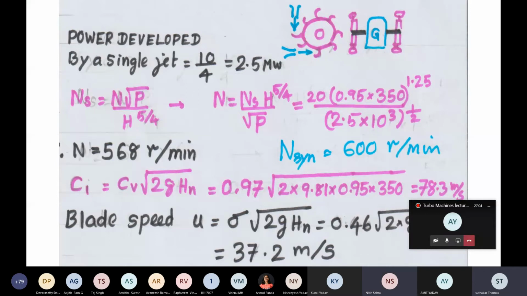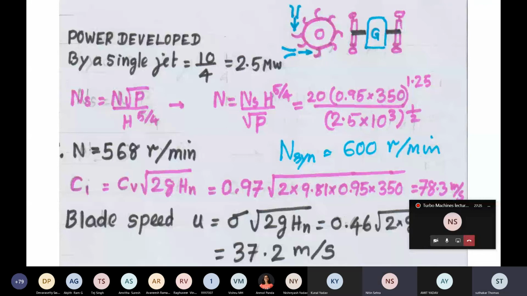Synchronous speed. What does it mean, synchronous speed? It's a parameter for electric motor, something connected with electrical. So your fundamentals in electrical you have to check. Now, see what is the main application of these hydraulic turbines?